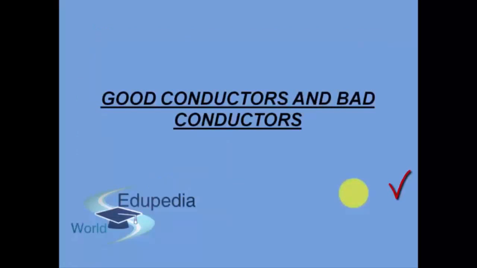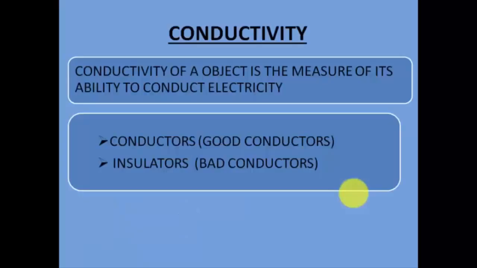So let us now talk about good conductors and bad conductors of electricity. As we know, each object or each substance can be divided into two categories. Either they are good conductors or they are bad conductors, that is, insulators. So first we should talk about what conductivity is.